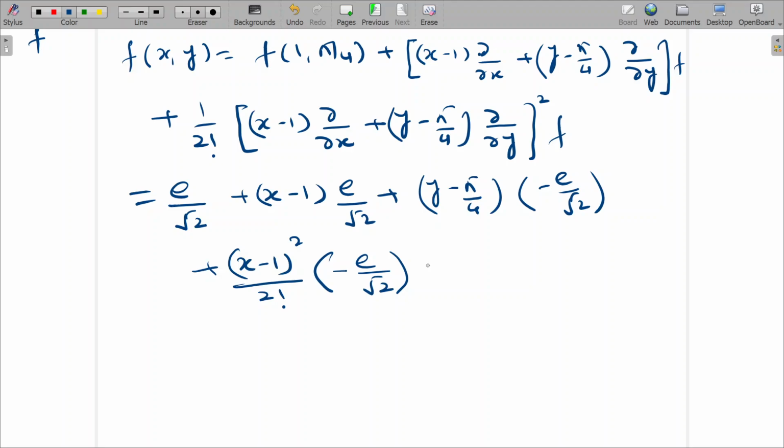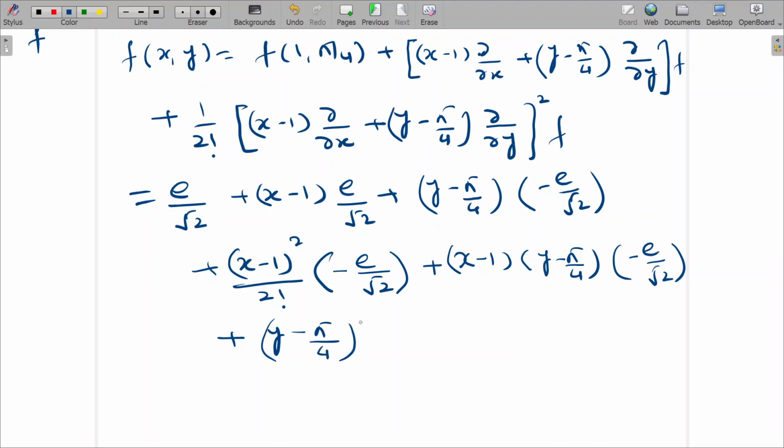Plus we have (x minus 1)(y minus π/4), and the value of ∂²f/∂x∂y, which is minus e over root 2, plus we have (y minus π/4) whole square, and the value of the derivative will be minus e over root 2.